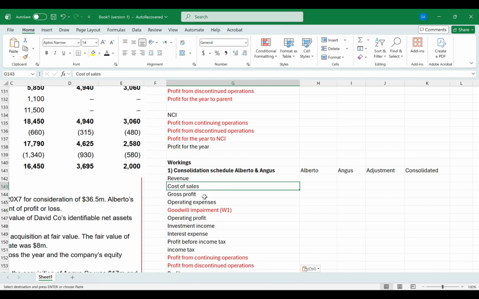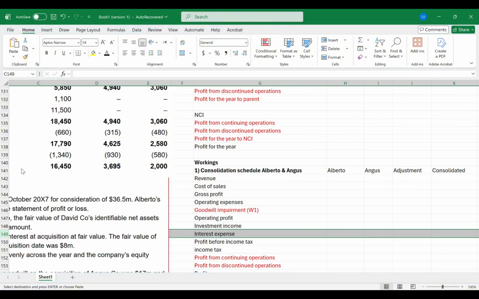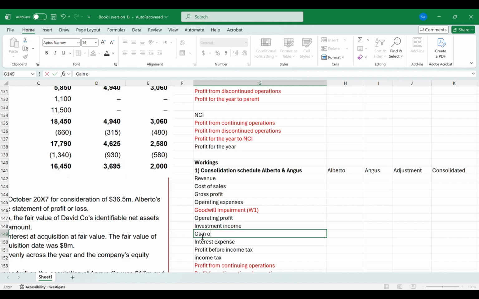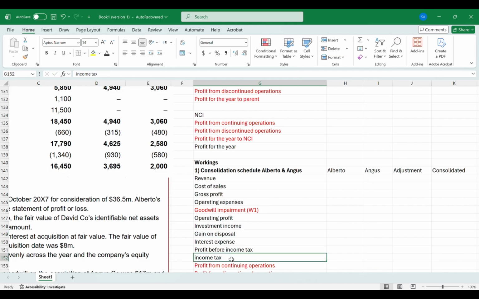We need the revenue, the cost of sales, then the operating expenses, the goodwill impairment, investment, then there is a gain on disposal, and interest income, income tax, right? So before we go to working number 2, we can finish off with working number 1.